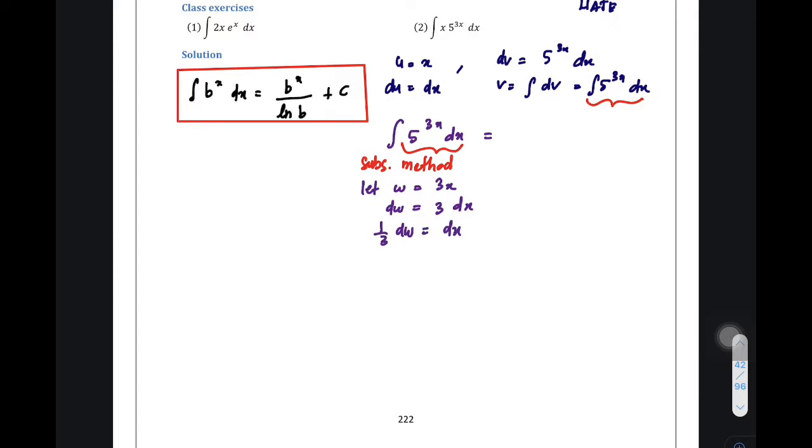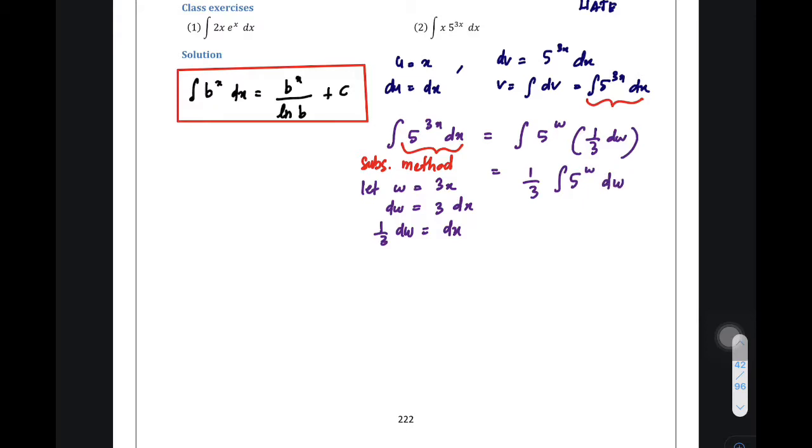Using substitution, 5 power of 3x becomes 5 power of w, and dx becomes 1 over 3 dw. We can put the constant in front: 1 over 3 integral of 5 power of w dw.